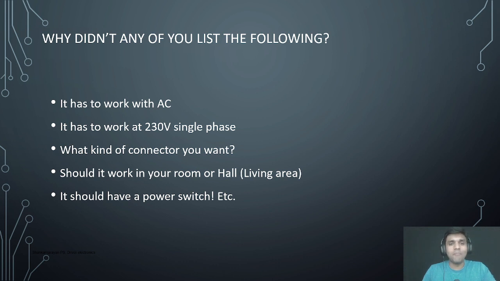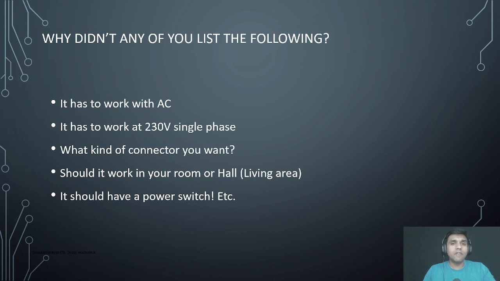But then the majority of you would not have listed these things that I show on this slide. It has to work with AC, it has to work with 230 volt single phase, it has to have a 2-pin connector, 2-pin plug, it should work in your hall and living room both. We have not thought something like that. It should have a power switch, it should come with a TV remote.